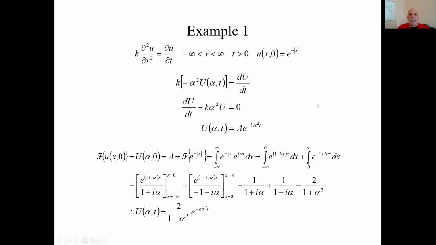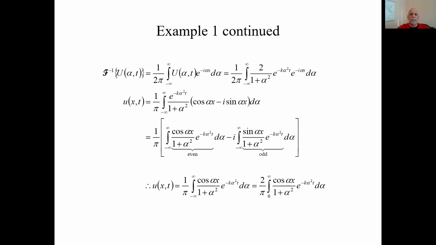We already did another example, which was almost exactly like this, example 1. Right here, you see only the x comes as a second derivative, and it's an infinite range. So you're going to use the Fourier transform on x, or with respect to x. And we went through that problem.